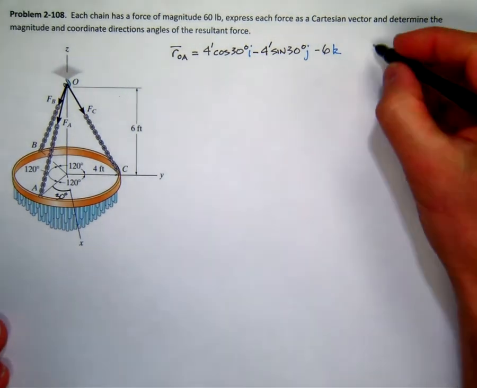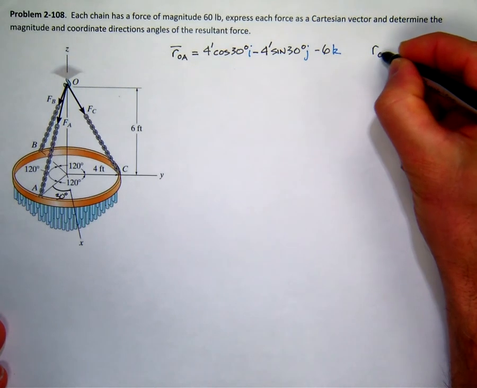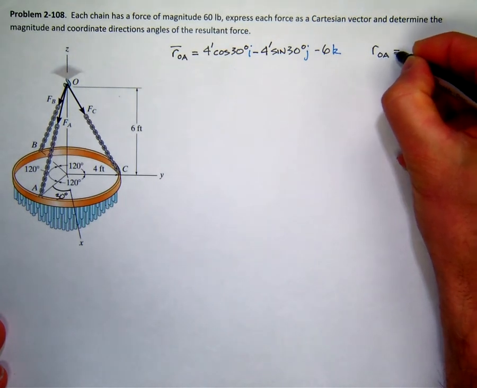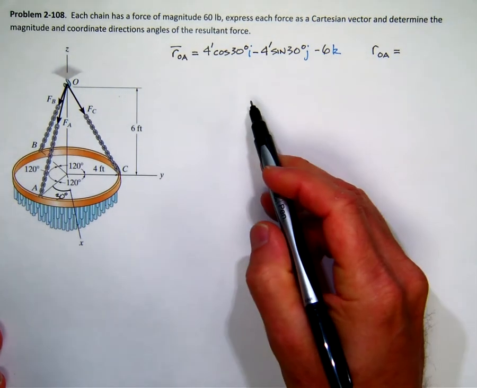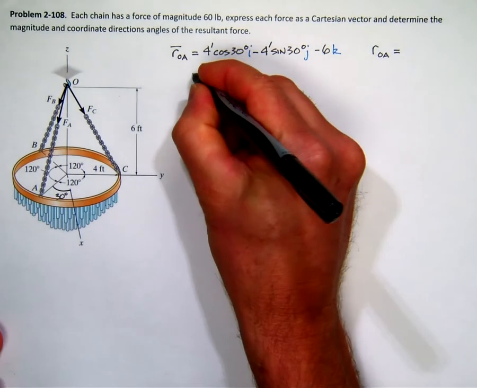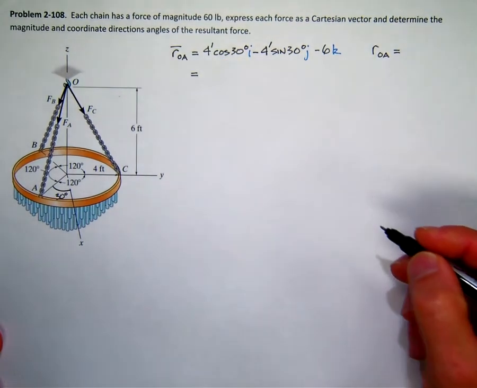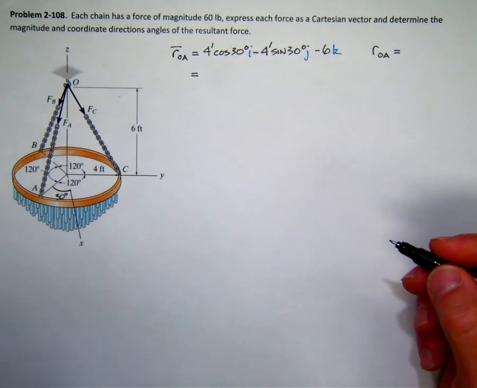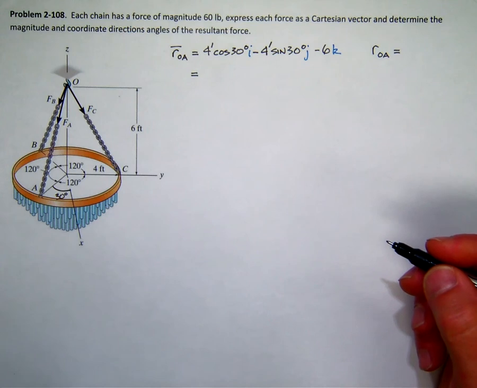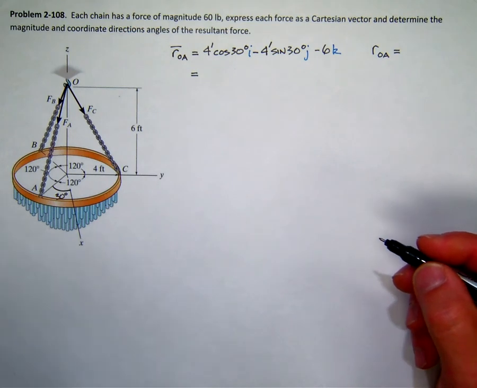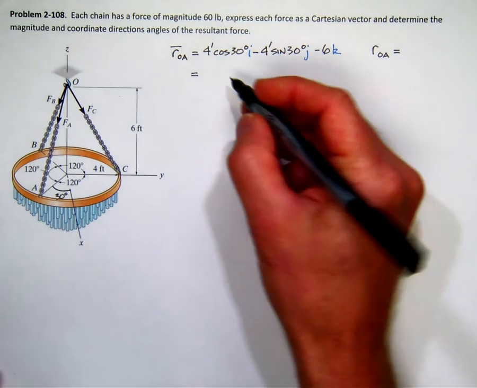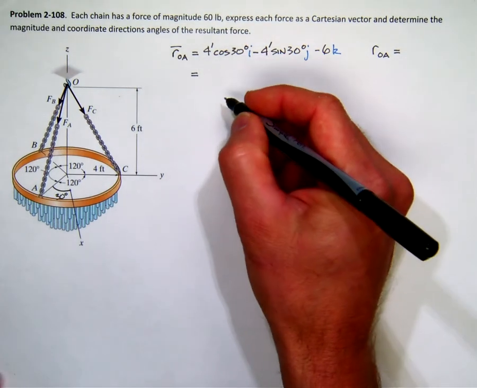So what will be the magnitude of that vector? I probably should compute that. Maybe I'll just leave it like that. Cosine of 30 is 0.866, right? Somebody compute that for me.